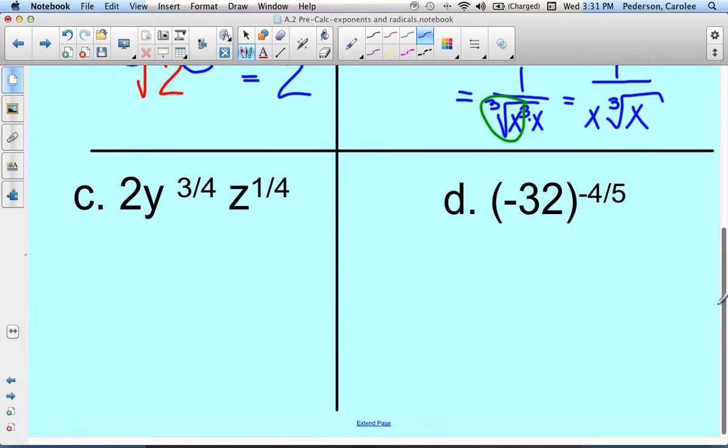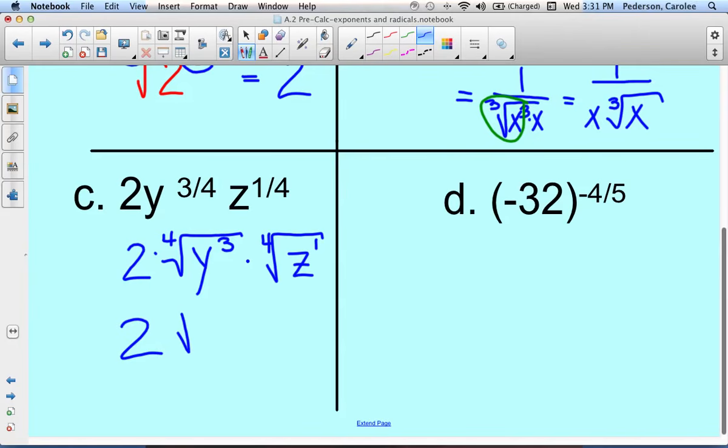Now we have a 2, base of y, power of 3, 4th root, and then z, power of 1, 4th root. And what you can do is you can combine these two radicals into one radical. So it'd be 2 times the 4th root of y cubed, z to the 1.